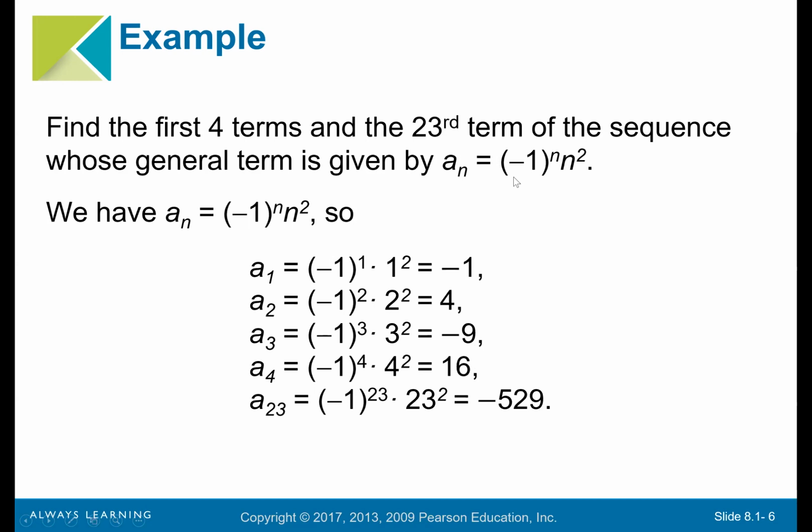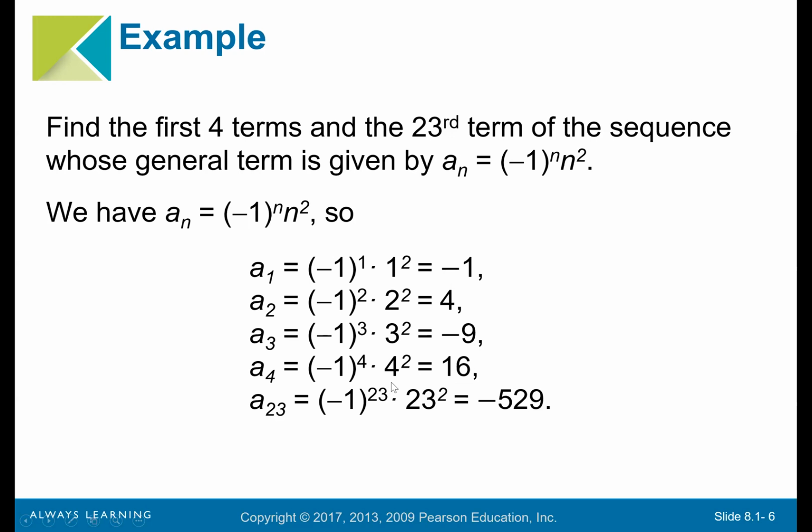So this part of the term right here, when you take negative 1 to the nth power, it makes the signs alternate. Otherwise, it's just the squares. 1 squared is 1, 2 squared is 4, so on and so forth. If I wanted to know the 23rd term, I would take negative 1 to the 23rd.